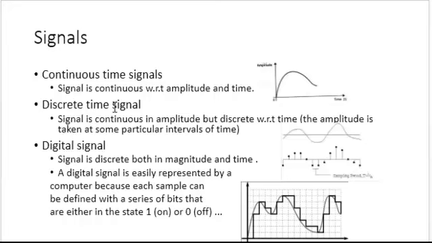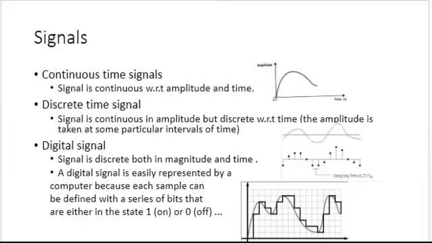The next category is the discrete time signal. As the name implies, the signal is continuous with respect to amplitude but discretized with respect to time. That means the signal is taken at discrete instances of time, not continuously with respect to time. That's why this is called a discrete time signal.